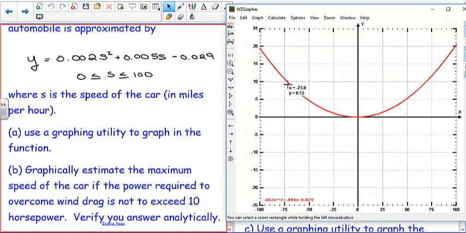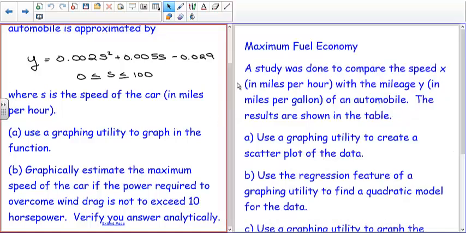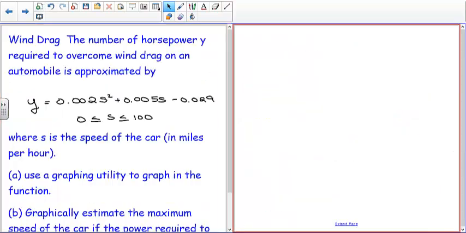So here's 10 horsepower. So if we go over here to y equals 10, you can see the speed is about 69, 70 miles an hour. And so let's write that down. So we're going to say 70 miles per hour.